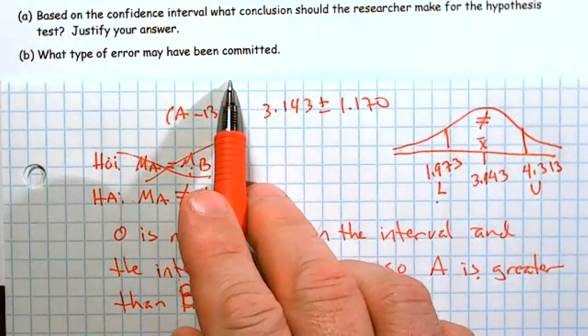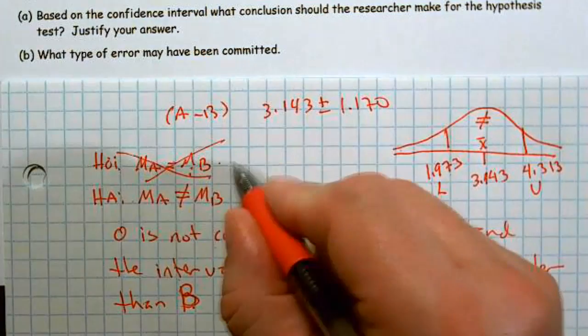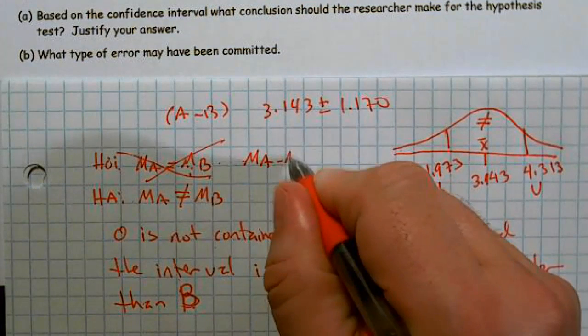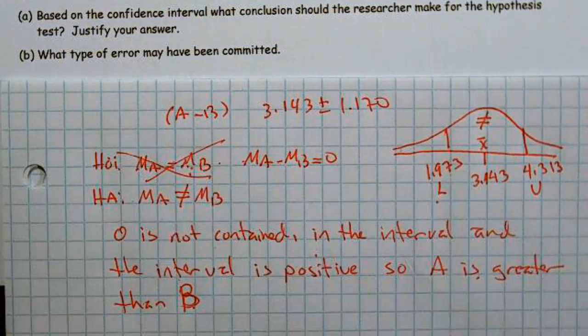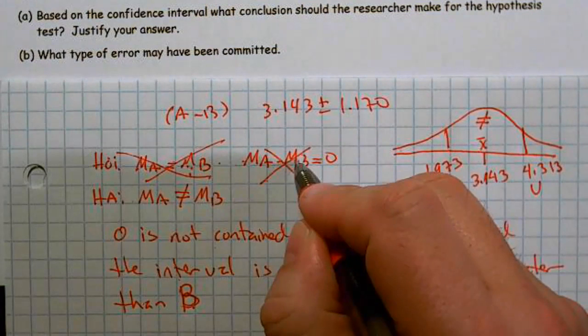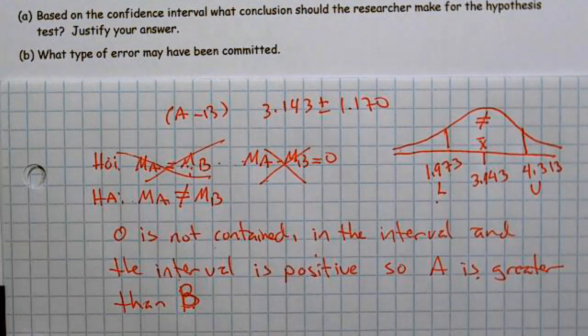What type of error may have been committed? Well, remember, if this is equal, it'd be mu of A minus mu of B equals 0. Well, that's not the case. We already said that's not the case. So we rejected that, which means we believe that there's a difference. All right. We believe that there's a difference.